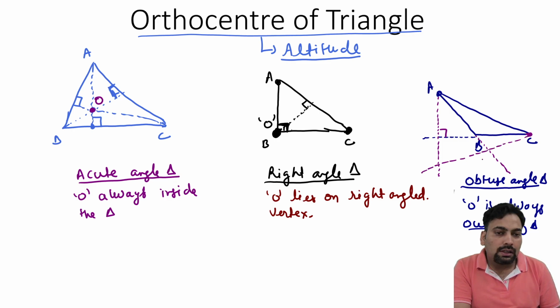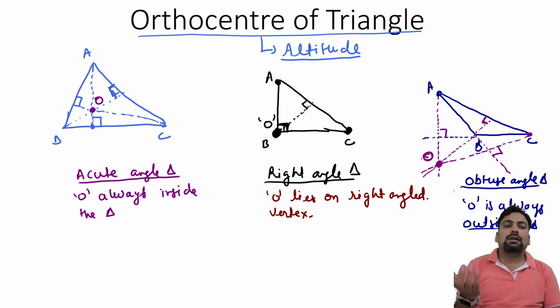So this is the altitude from the point C, and they meet here. And from the point B, you draw an altitude like this, extend this altitude, and meet here. So this is the orthocenter, and this is always outside your triangle.